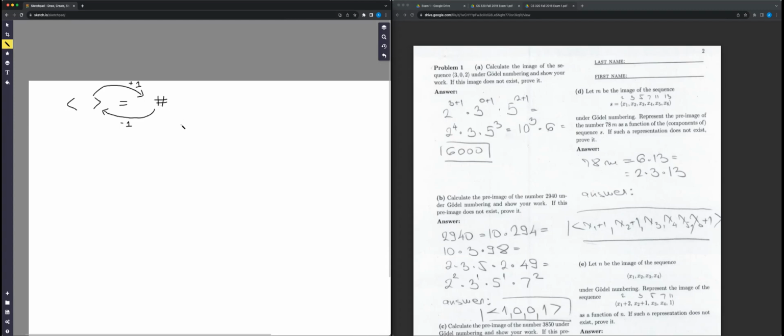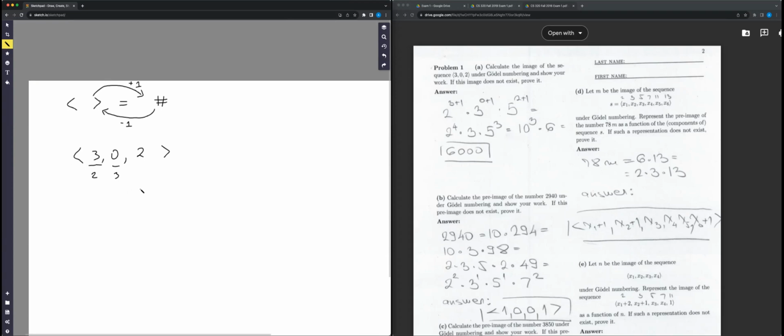So what do I mean by exponents? We're using prime factorizations to represent every number. So take any tuple, for example this one, 3, 0, 2. This represents the number of twos, this represents the number of threes, and this represents the number of fives, because this is the first prime, this is the second prime, this is the third prime.